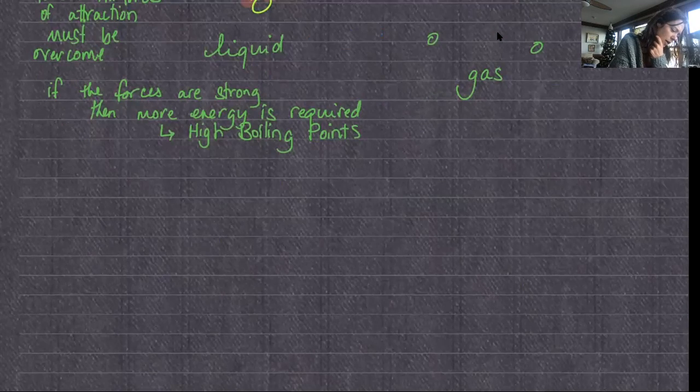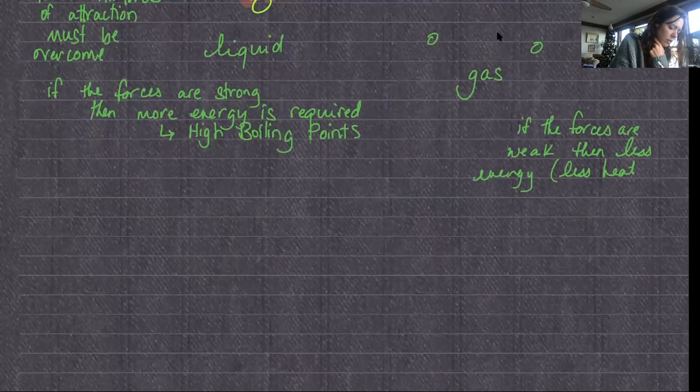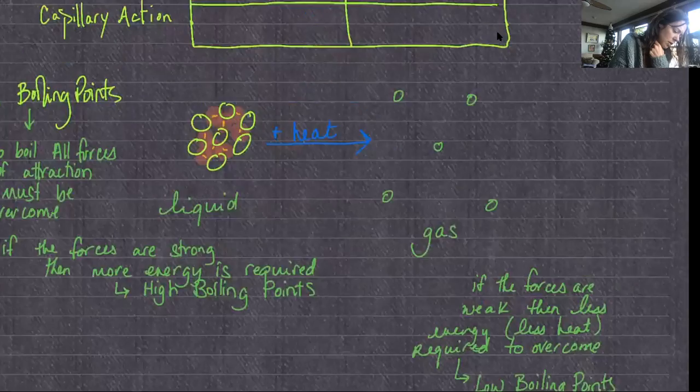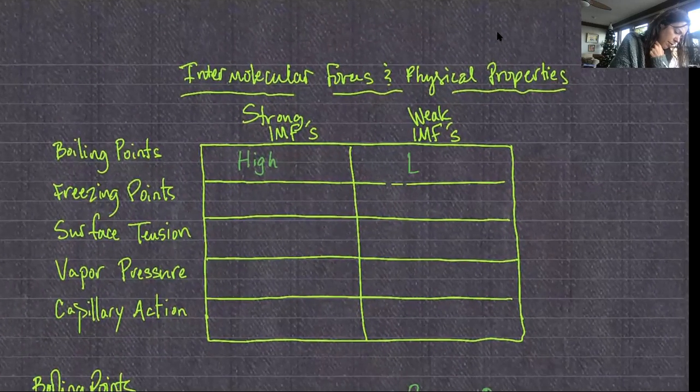If the forces are weak, then less energy and therefore less heat is required to overcome them. And we see that as we observe low or relatively low boiling points. Okay, so this here would be relatively low.